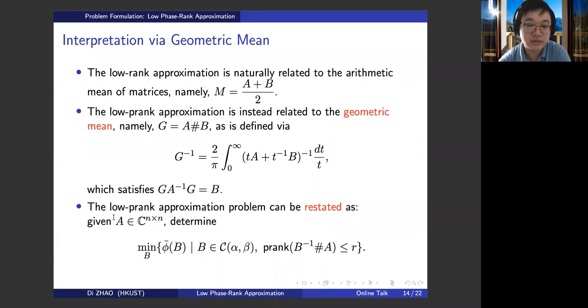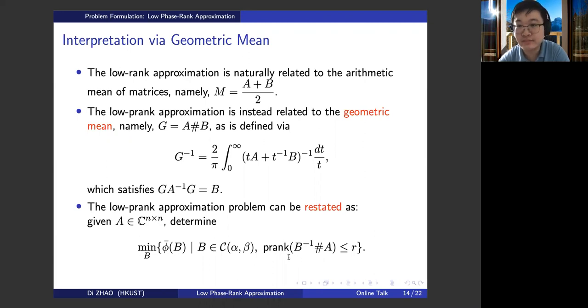With this equation and this definition, we can restate the low phase rank approximation problem in the following way. Given A as our object, we try to solve this problem. Here B is no longer the approximant, but we can find the approximant by solving for B. And here we don't have those strange E inverse A E inverse terms, but we have the geometric mean between B inverse and A. In other words, the low phase rank problem is formulated in terms of the geometric mean of matrices.